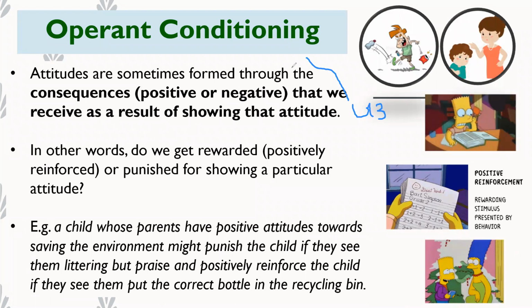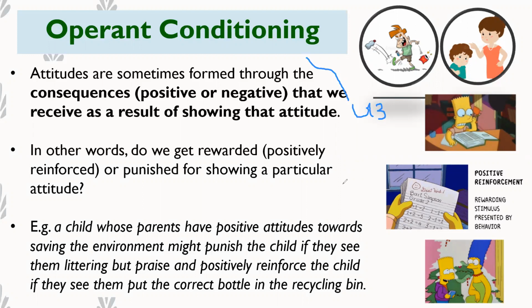what we're basically saying is that we are more likely to form attitudes when we are given a consequence for that attitude, okay? And depending on whether we received a positive reinforcement like a reward, or whether we received a negative consequence like a punishment, we will then either continue to show that attitude or not continue to show that attitude.